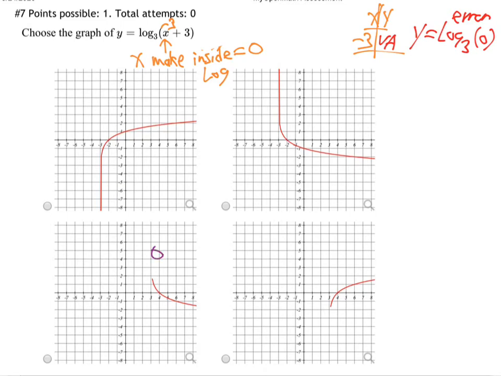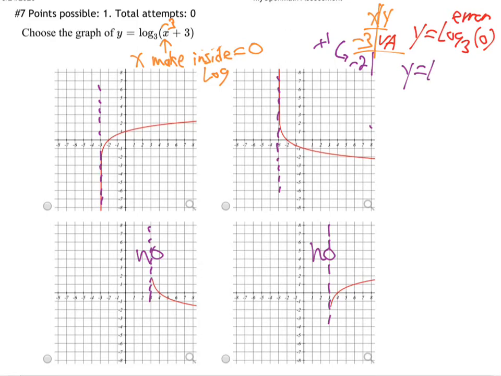So this one's a no here, and this one's a no here, because they have vertical asymptotes over at positive 3. That's not right. It's one of those two, which has a vertical at negative 3. Where should we go from here? Now just go up by 1, negative 2. What we always do, right, we start with a vertical, which we can't actually touch, and then we go up by 1.